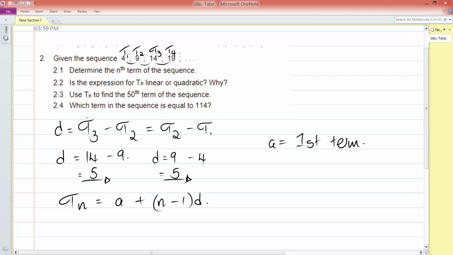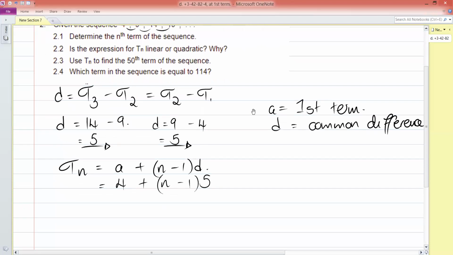And D, we already know that's your common or constant difference. Now, we've worked out what D is. A, we take from that pattern, so that's going to be 4 plus n minus 1 multiplied by D, which is 5. You can write it like that.